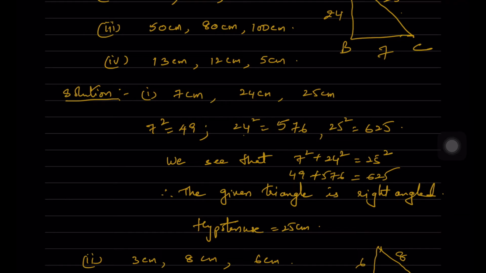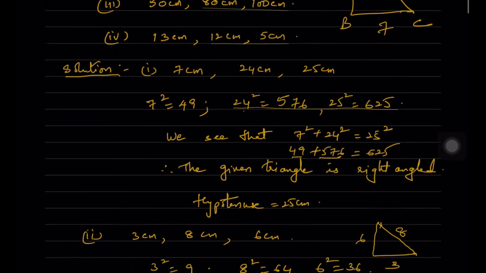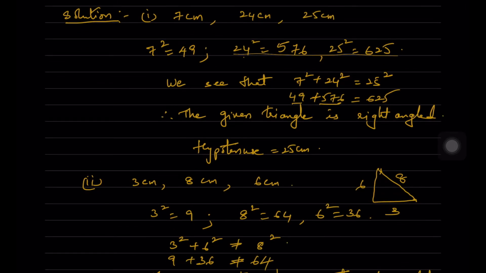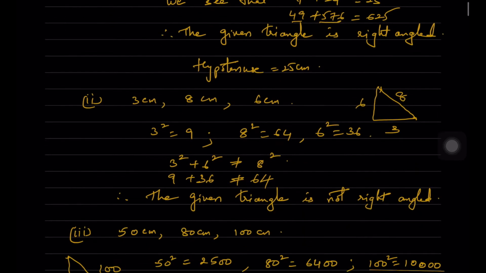So we see that 7 square plus 24 square is equal to 25 square, because 49 plus 576 is 625. Therefore the given triangle is a right angle triangle, the hypotenuse is 25 centimeters and the two legs are 7 and 24.